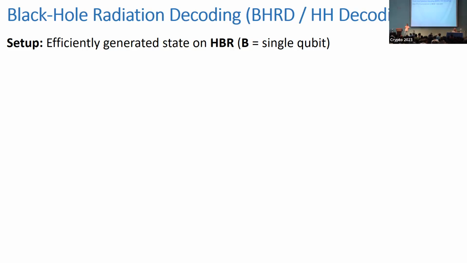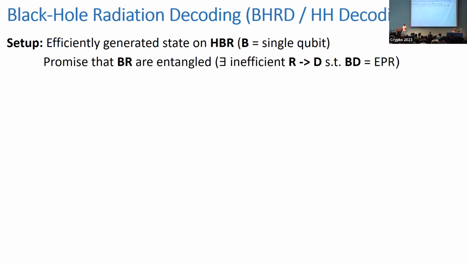So it's this 3-register state, H, B, and R, where B is a single qubit. And we have a promise that B and R are maximally entangled. So there exists a process, which could be inefficient, that takes the register R and distills the qubit D out of it, such that B and D are an EPR pair.